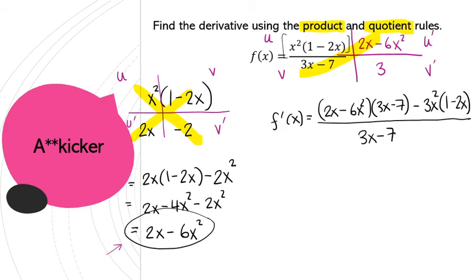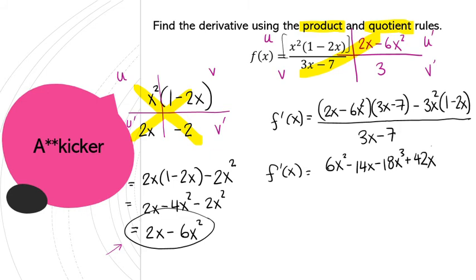Let's do some expansion. Maybe I'll give myself a little more room. 6x squared minus 14x minus 18x cubed plus 42x squared.